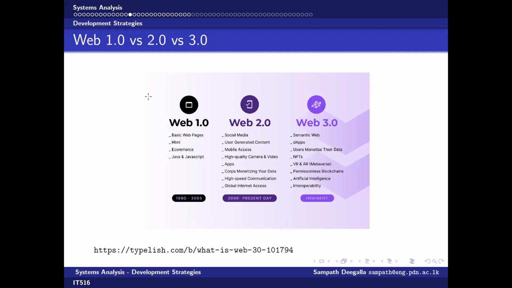And NFTs, VR, AR, and blockchains, all these buzzwords that we talk about these days will come under this. And also smart applications, which have artificial intelligence and machine learning, right? So those are our future, and people say that we are in the transition from web version 2 to version 3.